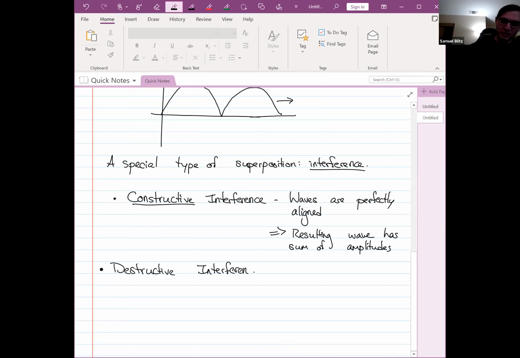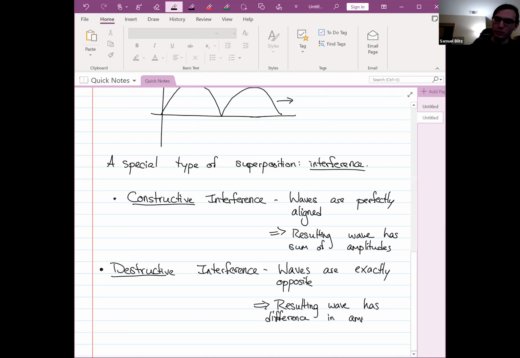This is just when the peaks perfectly align with the troughs and the troughs perfectly align with the peaks. And so the waves in that sense are exactly opposite, which results in the resulting wave having the difference in amplitudes.